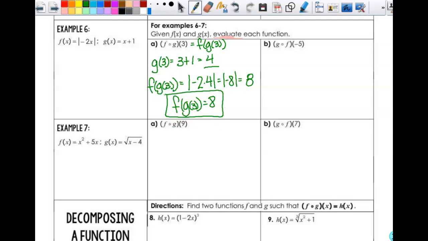Okay, so it's just a two-step, very simple, substitute it in. Not that big of a deal at all. All right? Questions?